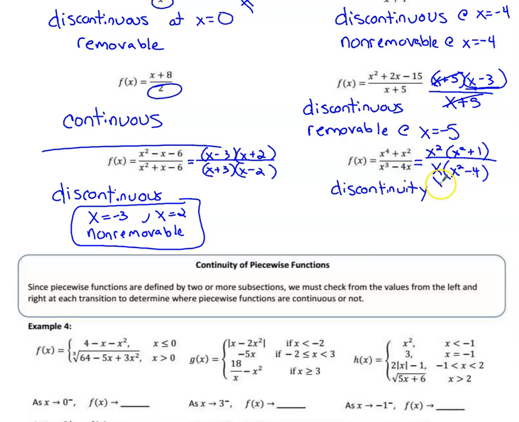Speaking of which, in the denominator we have a difference of two squares, so this could be factored further: x plus 2 and x minus 2. Now, looking at my denominator and my numerator, I see a factor of x that I can take out, one of the x's. So I have a removable discontinuity at x equals 0. None of the others cancel, so I have non-removable discontinuities at x equals positive and negative 2.